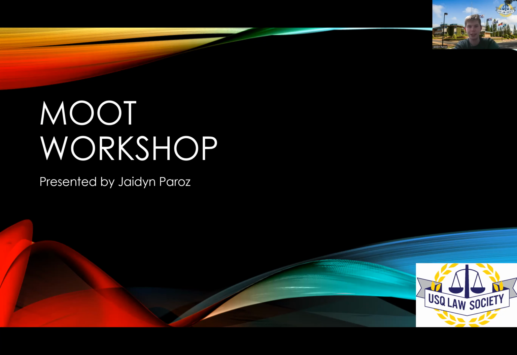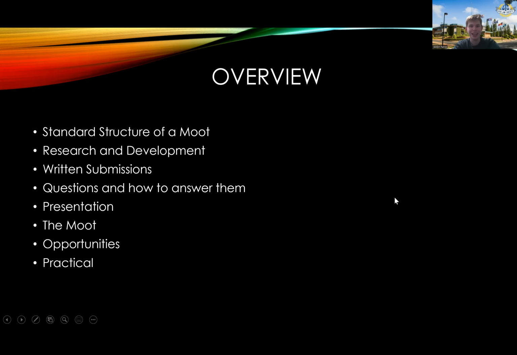So tonight, I'll give a little bit of an overview, if my PowerPoint would work. We'll go over the standard structure of a moot, how we do the research and development, which luckily you guys won't have to do too much of because I've given you the cases which you need to rely upon for the moots. How to write written submissions, which is kind of important for the moot, as you will have to do that. But please do mind, in the junior moot, it's only worth 5 marks out of a total 100 marks per round.